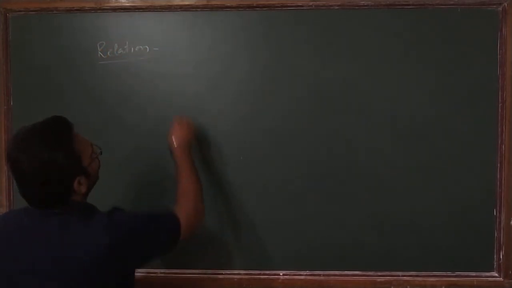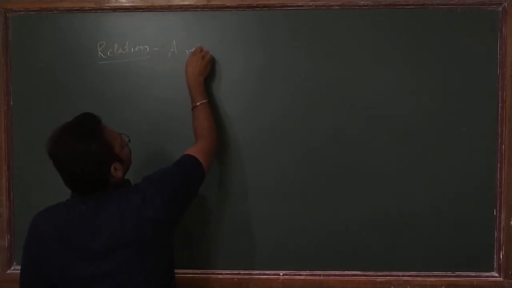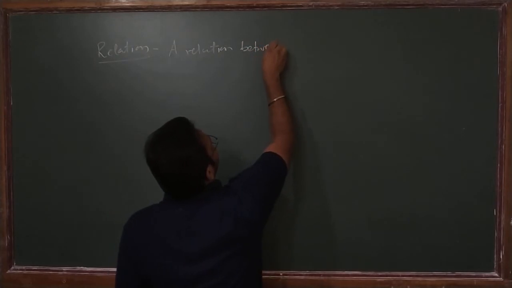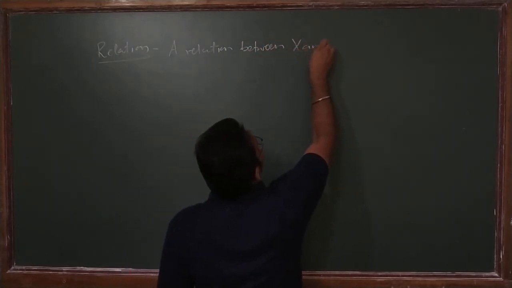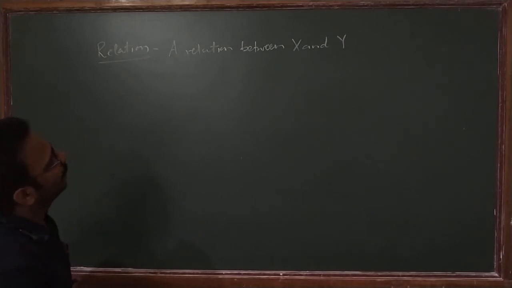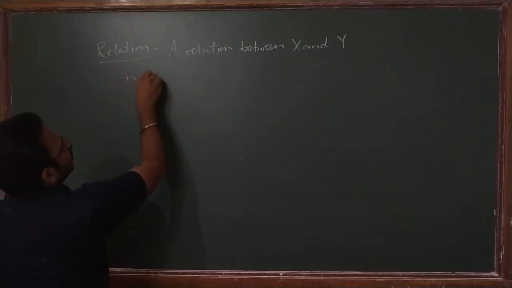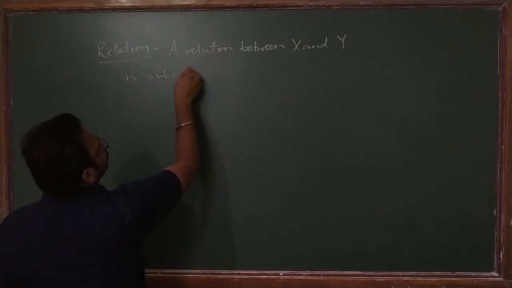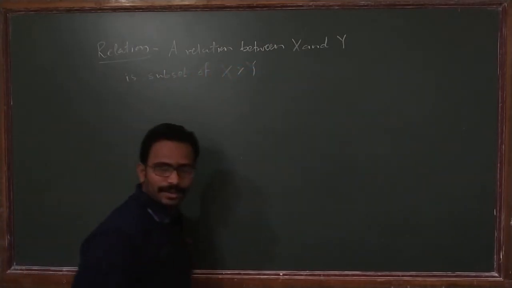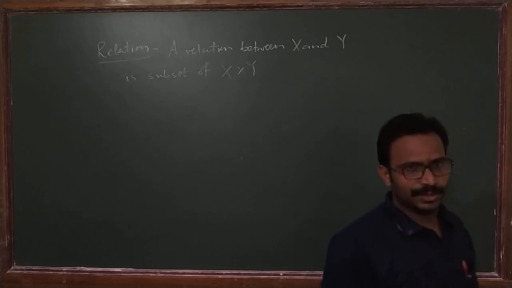A relation between the sets x and y is a subset of the Cartesian product x cross y.